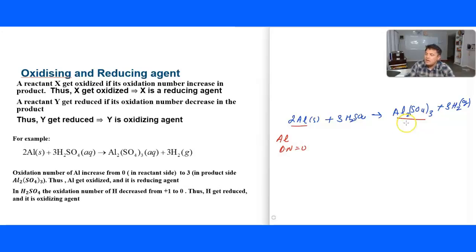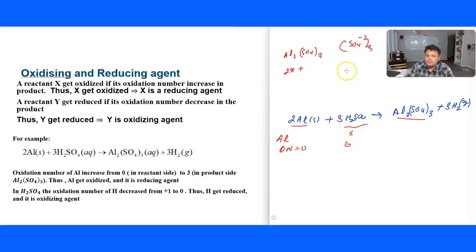And on the right hand side, what is the oxidation number of aluminum? Let me calculate that. In Al2(SO4)3, let's say aluminum is X, then it is 2X plus SO4, which has a minus 2 charge, but you have 3 SO4s, so 3 times minus 2 is minus 6. And the S in SO4 is plus 6, right?